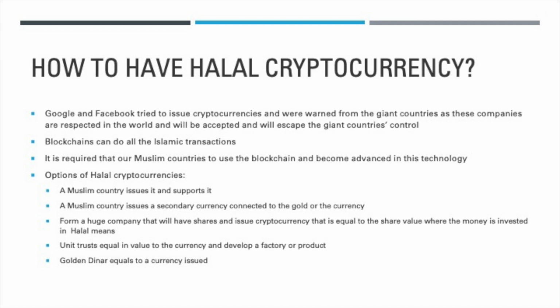And it would be attacking the actual price of the currencies, like the dollar or the others. They were warned by the giant countries, as these companies are respected in the world and would be accepted and would escape the giant countries' control.